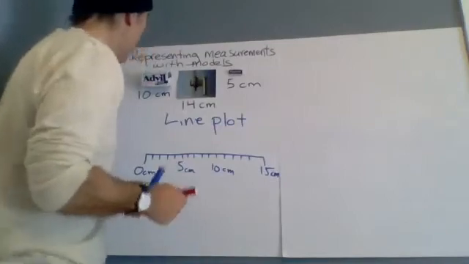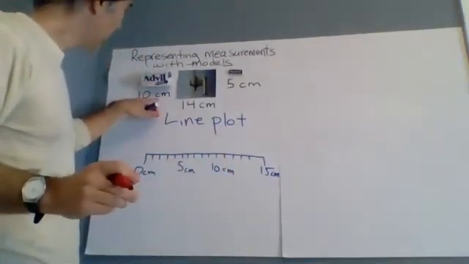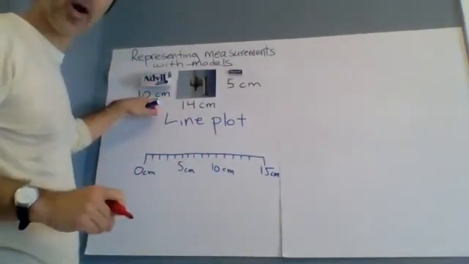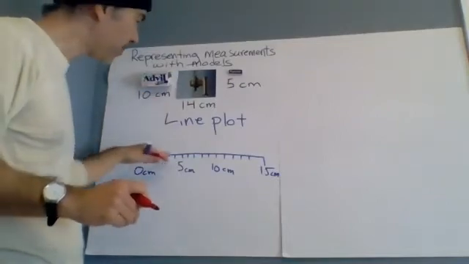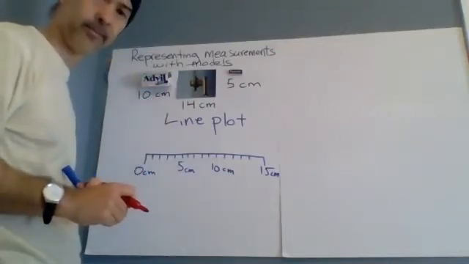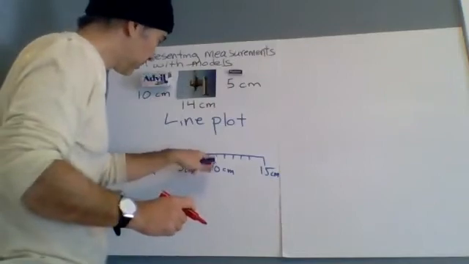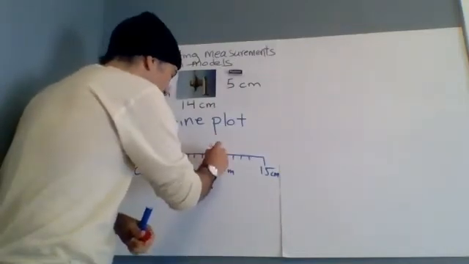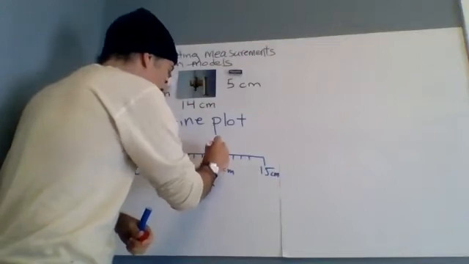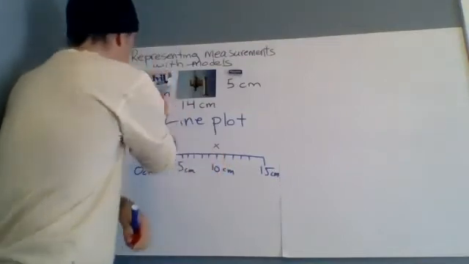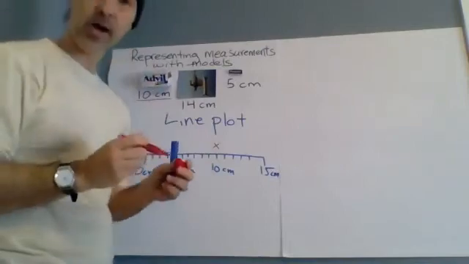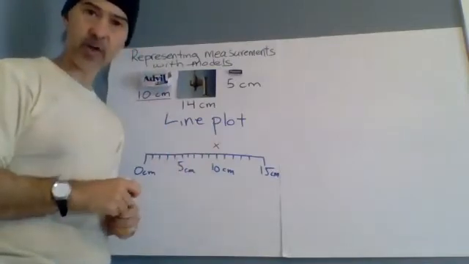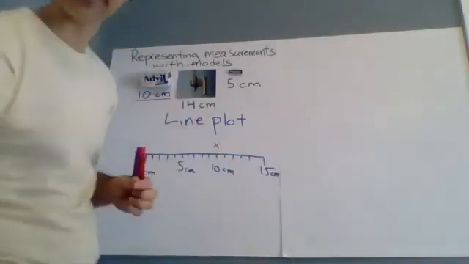Then all I do is I ask myself, where is my box? Where is 10 centimeters on my number line? Right there. So right above my 10 centimeter mark, I put an X. That's where my box measurement lies on my number line.